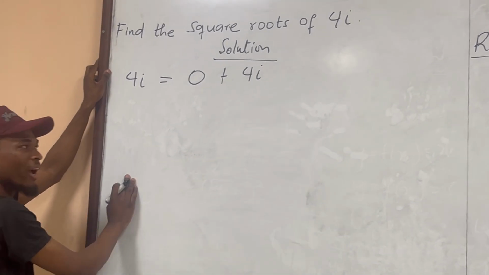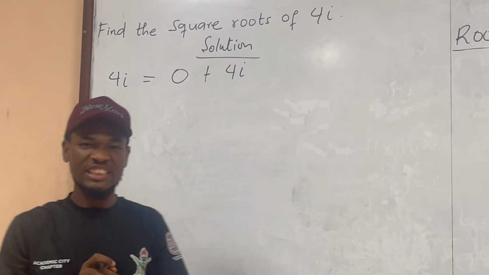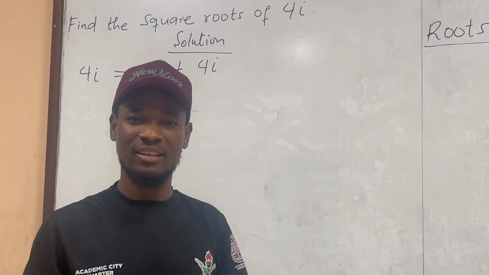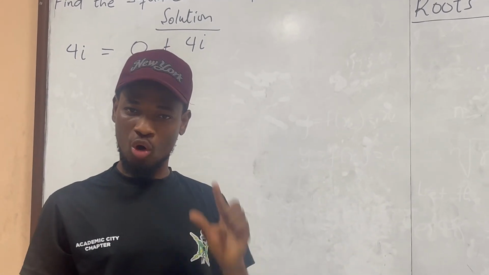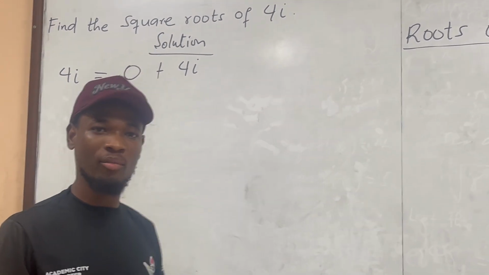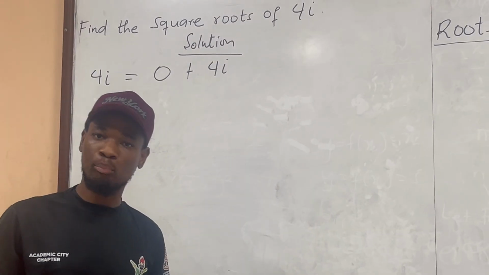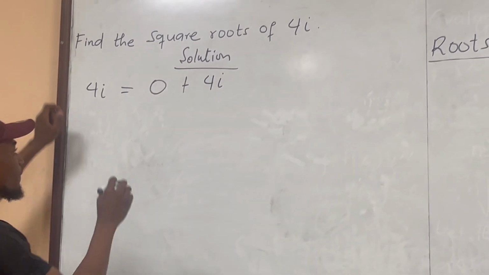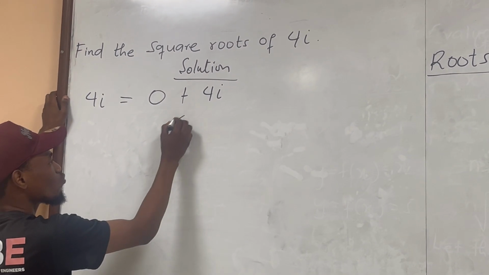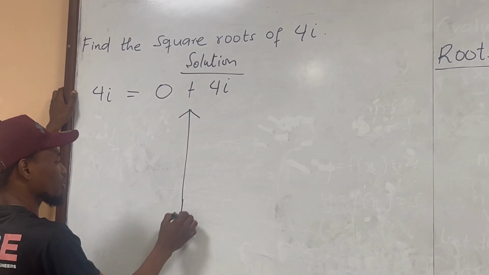Now when I employ the Jean-Robert Argand diagram, or for simplicity, the Argand diagram or the complex plane, when you graph this, you are supposed to get this.